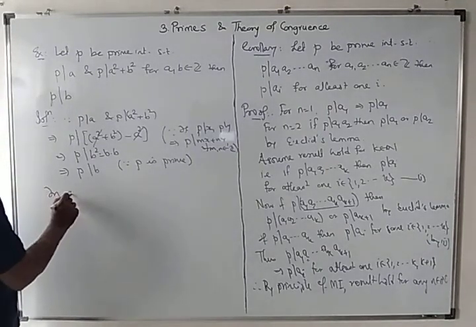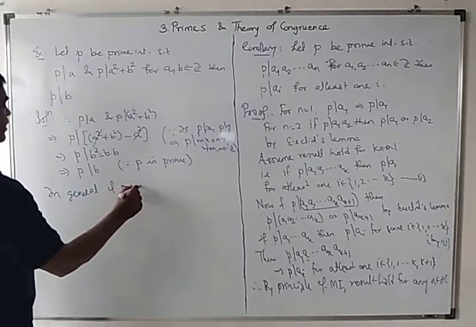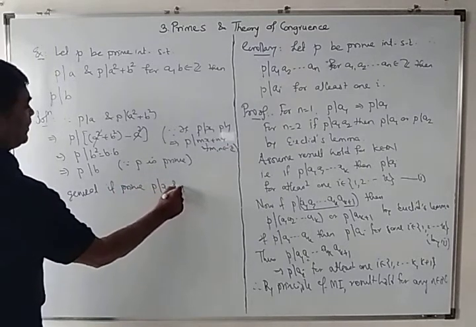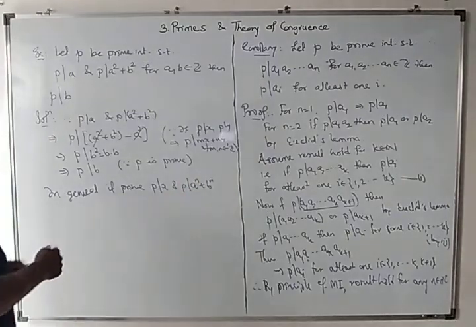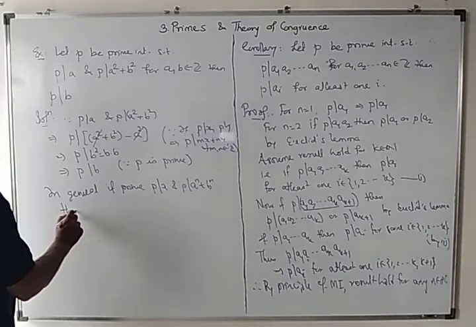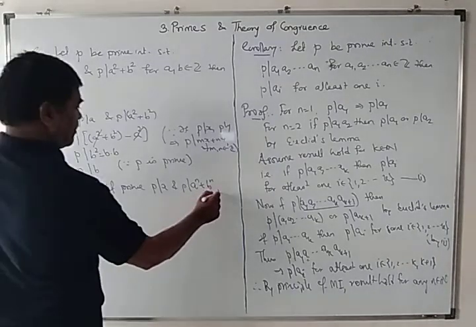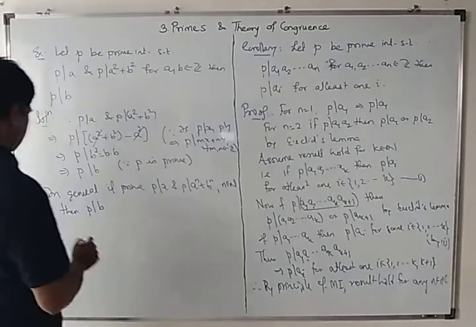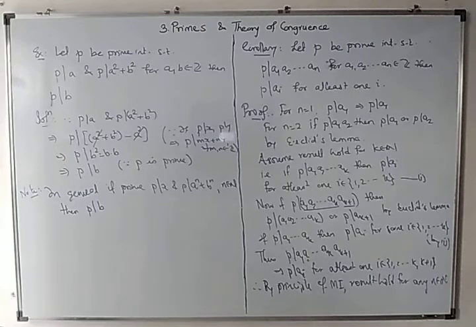In general, if prime P divides A and P divides A raised to n plus B raised to n, then P divides B, n belonging to N. This must hold. Okay. Next example.